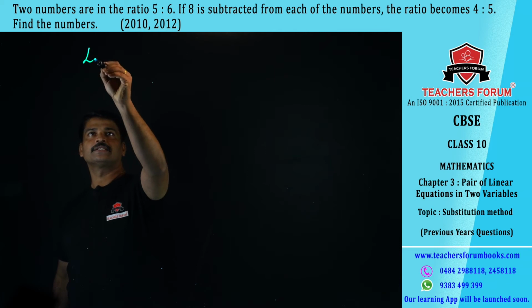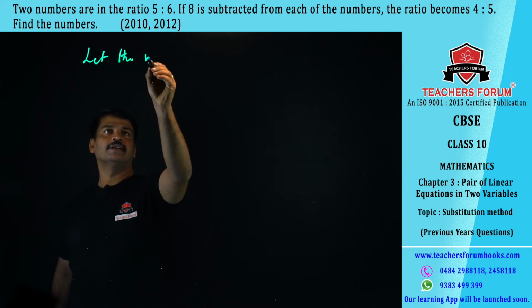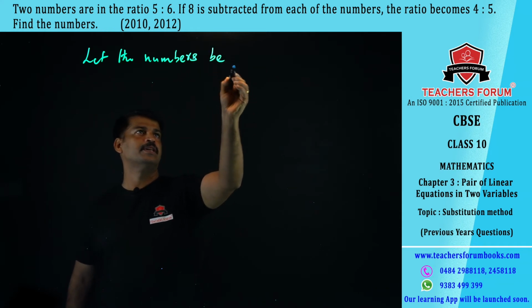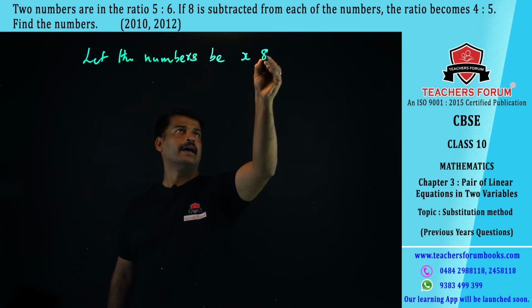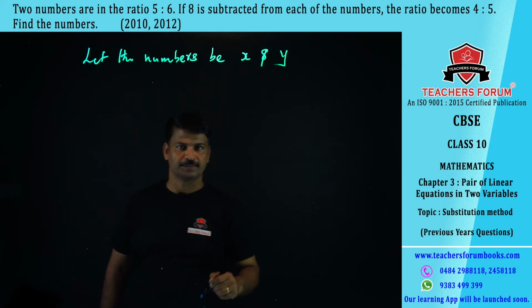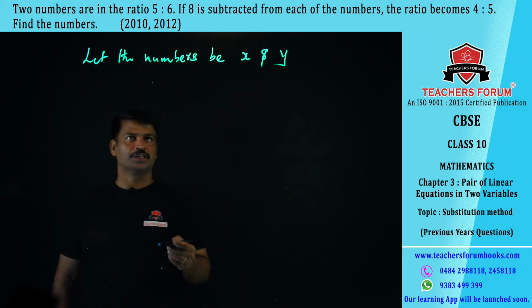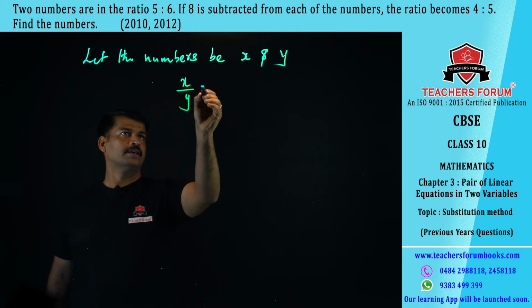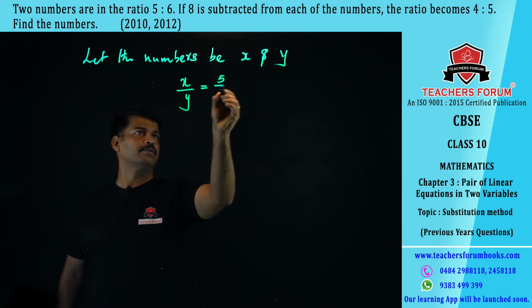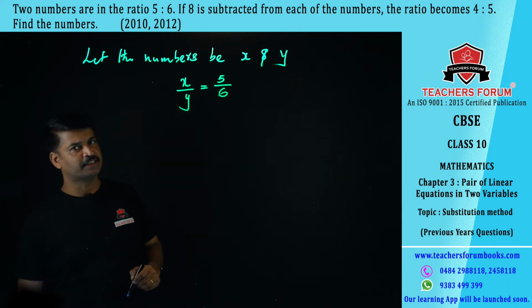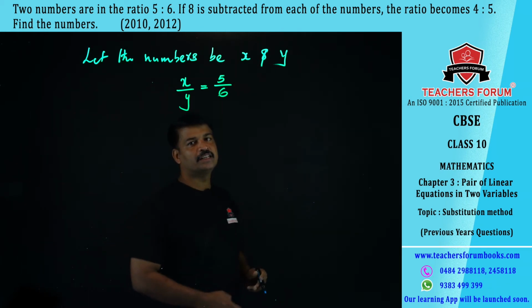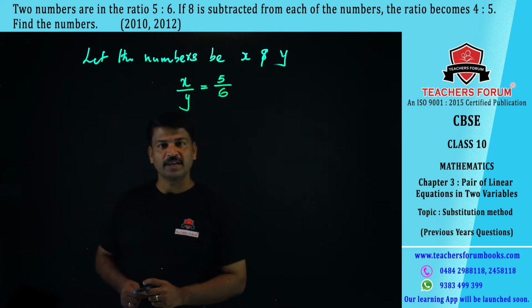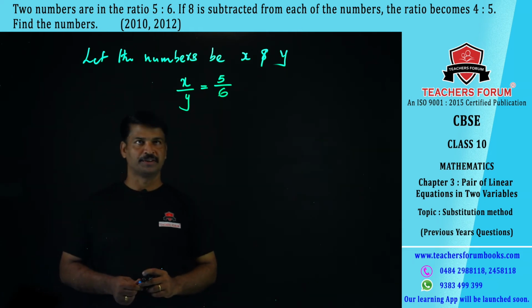So let the numbers be x and y. These are the 2 numbers. According to the question, x by y is equal to 5:6. That means x by y is equal to 5/6.